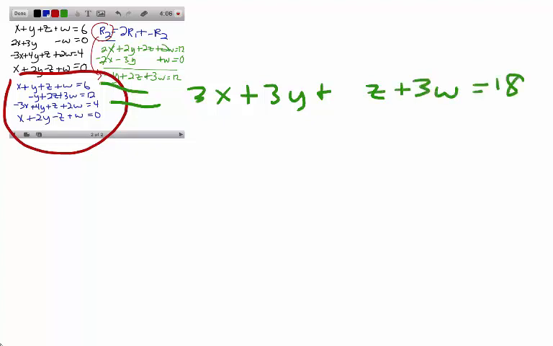For our next step, we're going to take 3 times row 1 and add it to row 3. We'll store our result in row 3. So here's row 1, and here's row 3. We're going to take 3 times row 1, and add it to row 3.